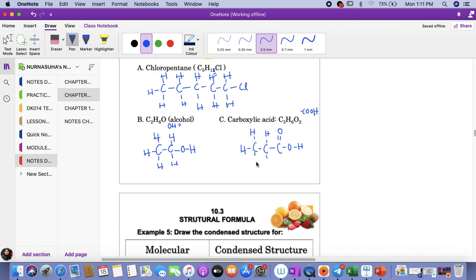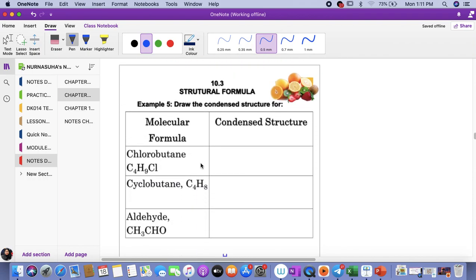So, nak double check. So, 3 carbon. Okay, C3H6O2. 1, 2, 3, 4, 5, 6. O2. 1, 2. So, this is our structure. Okay, that is for the expanded structure.